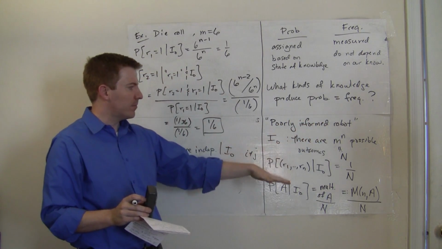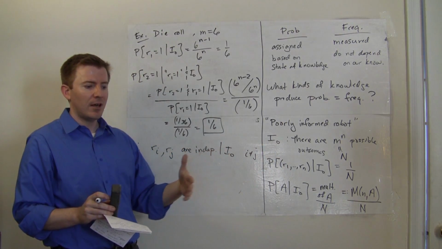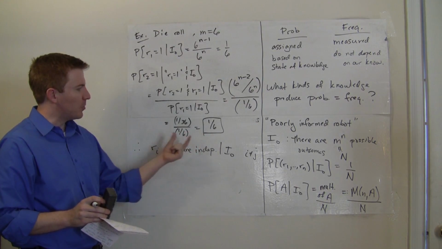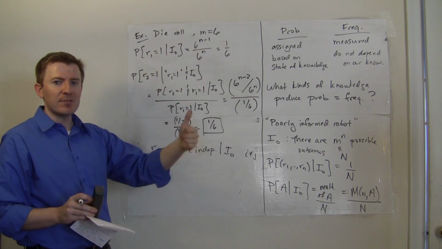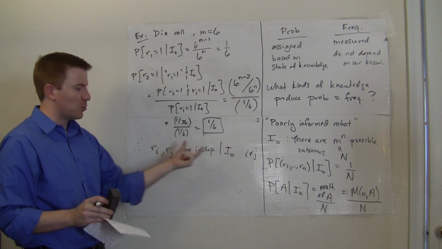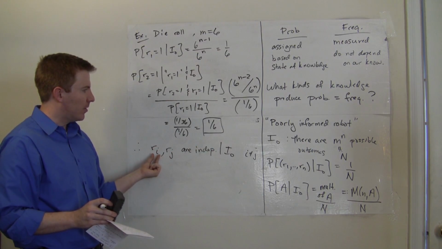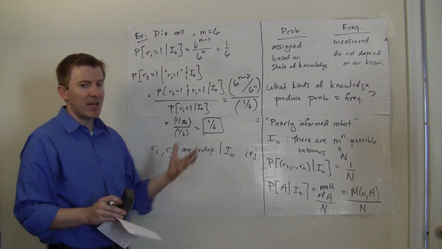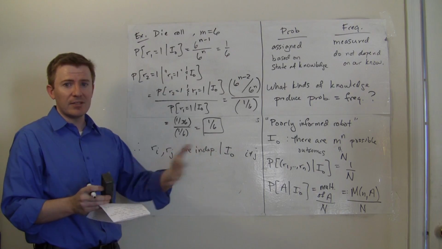This state of background information tells it nothing about any connection between these different dice rolls, and so it's not surprising that it would assign equal probabilities to all possible outcomes of individual dice rolls, and that those probabilities would be independent of each other. So it's not going to make any kind of inference from one die roll to assign probabilities to another one, because as far as it knows, they're completely disconnected from each other.